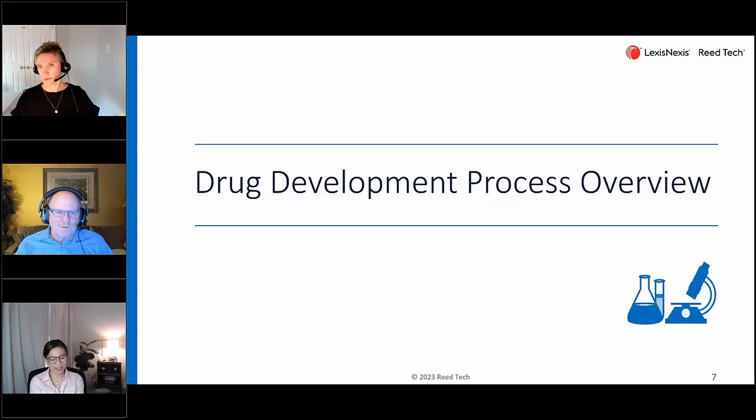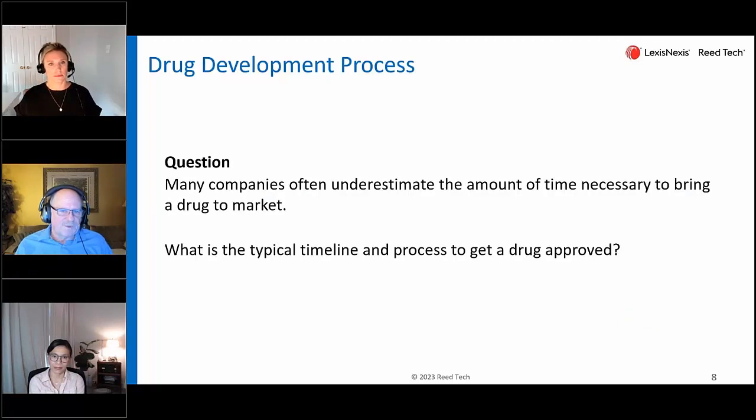In this section, we want to highlight some of the activities that are surrounding the drug development process. We very commonly get a question around the timing, and many companies are a little bit naive in thinking, at least I was, about the timeline and the amount of effort it takes to bring a drug to market.